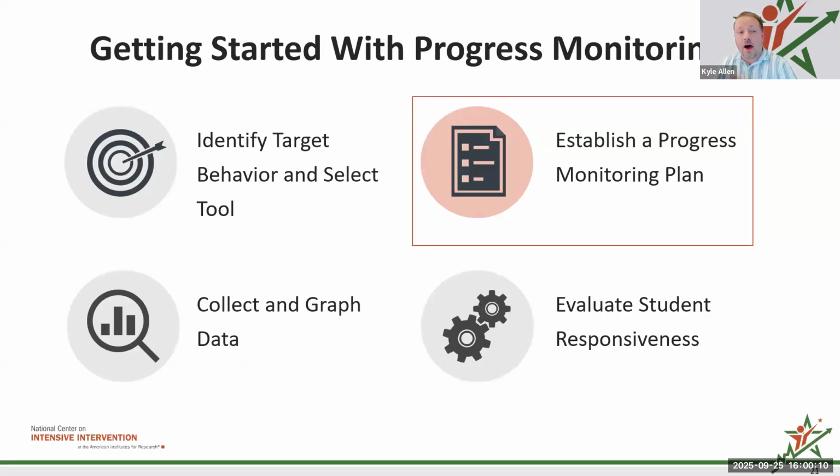All right. Another kind of introduction kind of bucket or thought around progress monitoring is this idea of establishing a progress monitoring plan, right? And these topics are in sequential order, right? So once we've identified that target behavior, right, the skill that we want to measure, and we've chosen the appropriate tool, we now want to move and establish that progress monitoring plan, right?